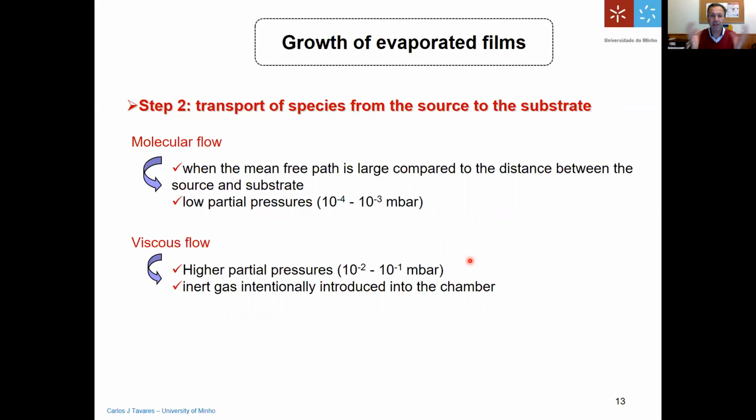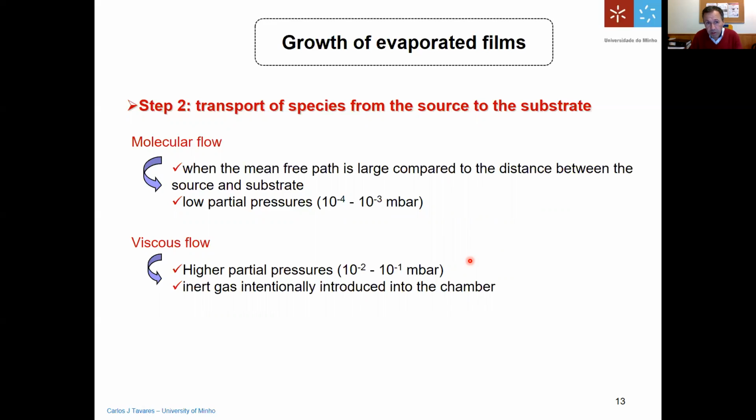So when you are looking at the pressure inside the chamber during the deposition, you have to think of how it relates to this atmospheric pressure that we have. So if we take into account that we have a pressure here which is 1 bar, and if we are making the deposition at around 10 to the minus 3 millibars, this is actually 1 million times less than the atmosphere that we're breathing in, okay?